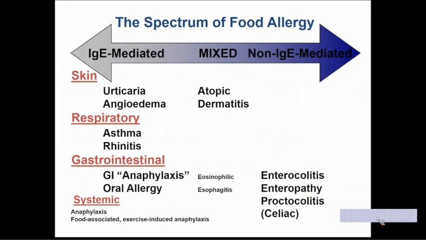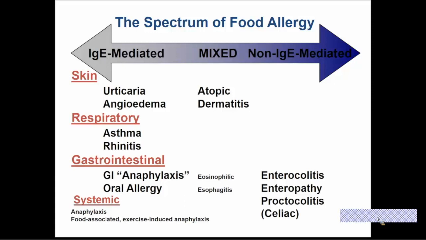So the mechanism of reactivity, whether it's antibody-mediated or cell-mediated, along with the different parts of the body that can be affected, ends up giving us a spectrum of food allergic disorders or symptoms that I have displayed here. From the left, IgE-mediated reactions that could affect different parts of the body with hives or abdominal symptoms or respiratory symptoms or systemic reactions like anaphylaxis.